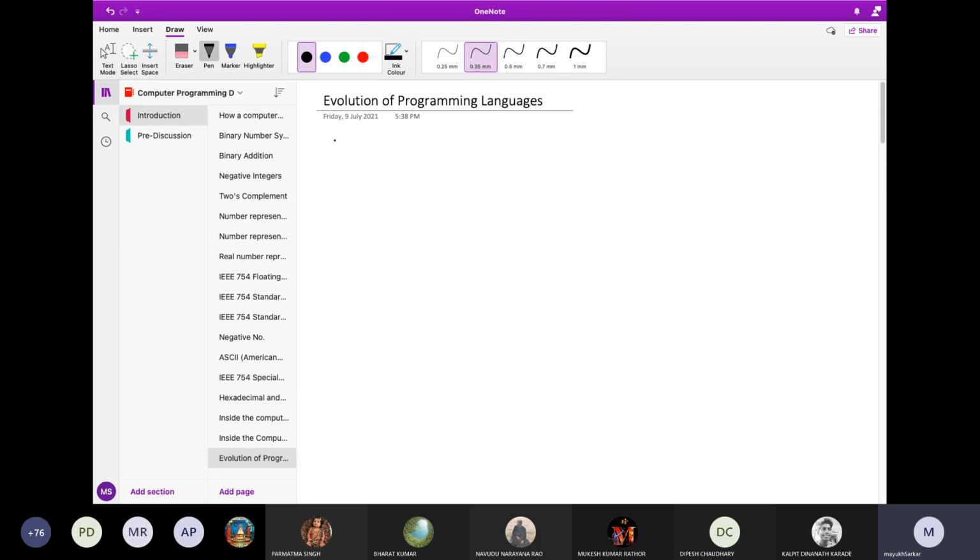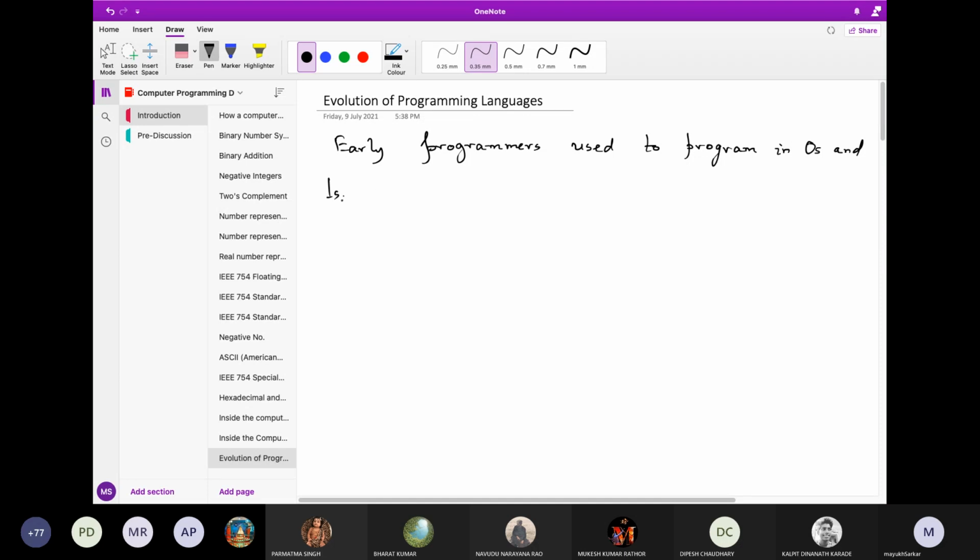See, the early programmers used to program in zeros and ones. That means which we call machine language. This is what we call machine language.